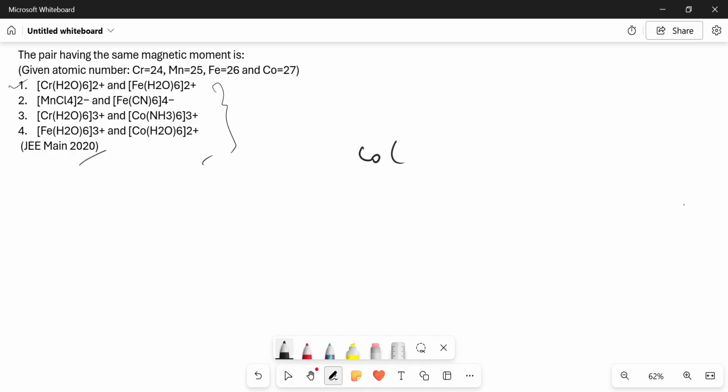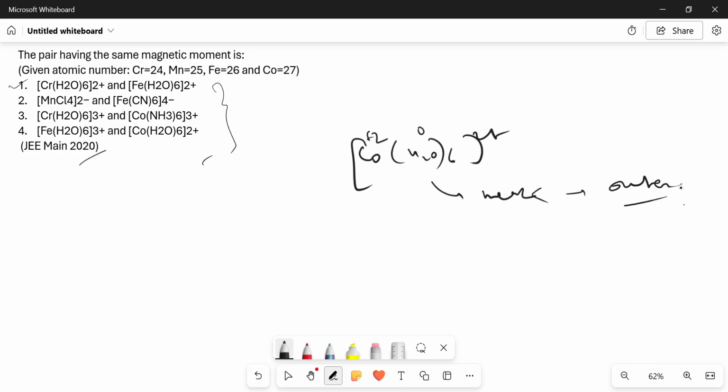For [Co(H2O)6]2+, H2O is weak field, so it is an outer orbital complex, no pairing out. It is a neutral ligand, so 0 charge. Cobalt is 2+. Cobalt 27 is the 3d7 system, and cobalt 2+ means only 3d7.